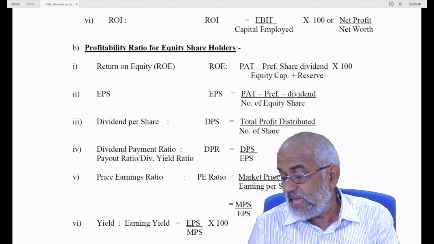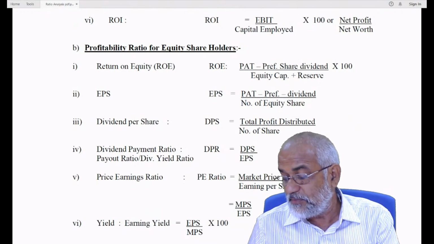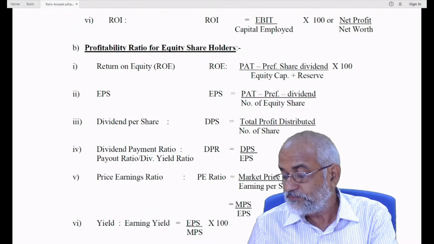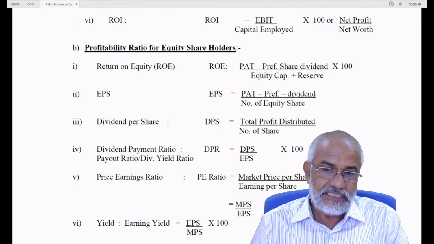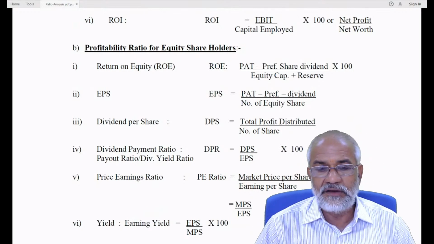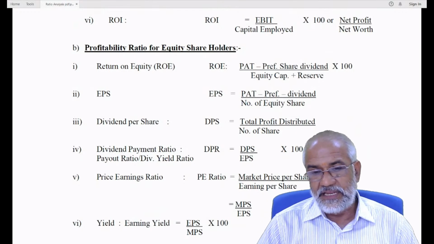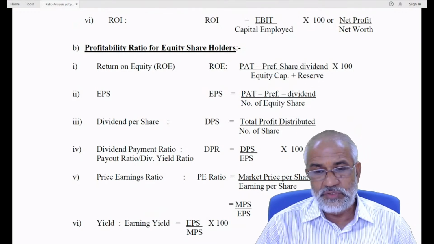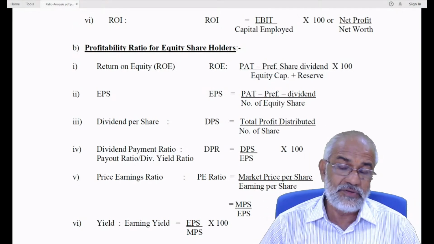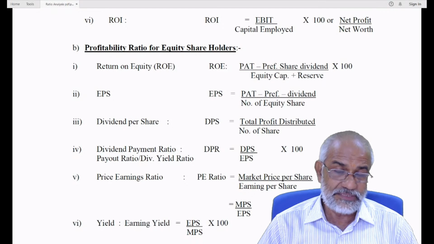The market price per share at the time of computation, for the particular period, has to be taken into consideration. This is important for investors, whether the P/E ratio is in an increasing or decreasing trend, so that they can decide about their future investment in the company.